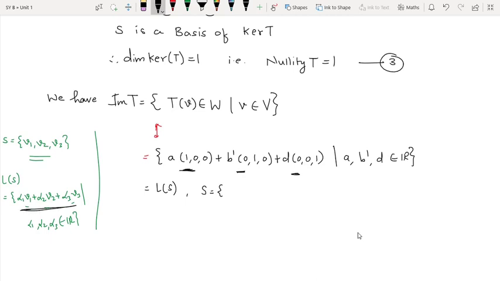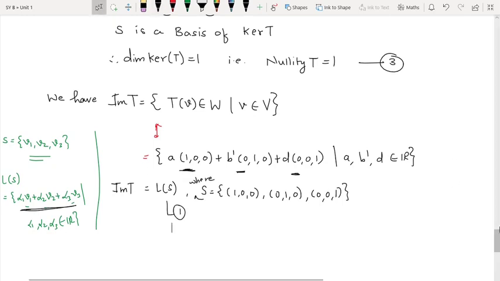So it will be (1,0,0), (0,1,0) and (0,0,1). And our left hand side is the image of T, where S is equal to this. So I'll call it as 1.